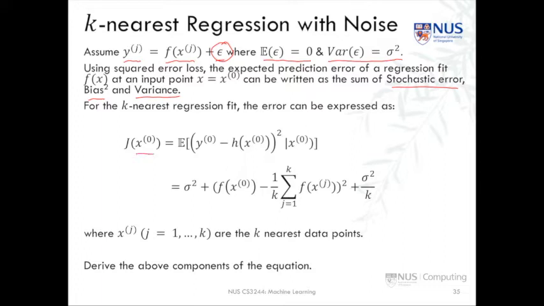For some point, we're going to call that point x0. We're going to look at its nearest neighbors to get the actual value. Remember, like in 3 nearest neighbors, we'd find the 3 closest points and decide from there which average value to return. So basically this is saying that I want to get the expected cost with respect to the observed target value minus the predicted target value.